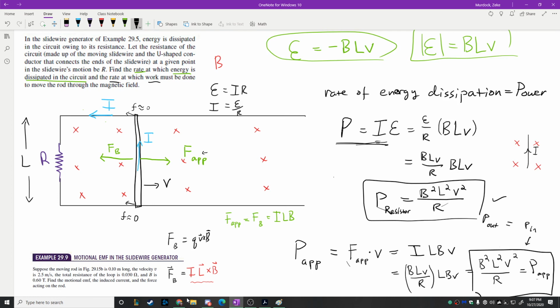It's a conservation of energy thing, right? You put energy in, and it causes the resistor to heat up. And the rate at which the resistor dissipates energy is exactly equivalent to the rate at which you're putting energy into the system. Of course, if we added in friction, they wouldn't be exactly equal, but at least we would understand that the conversion of energy due to friction would be the reason why.